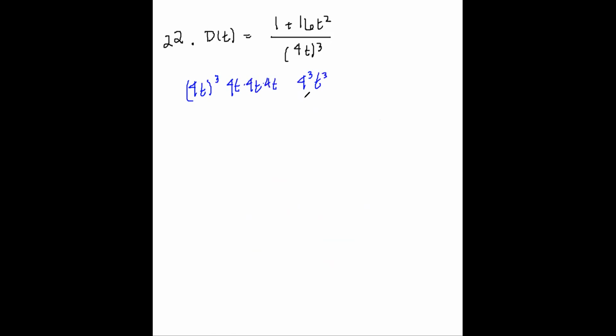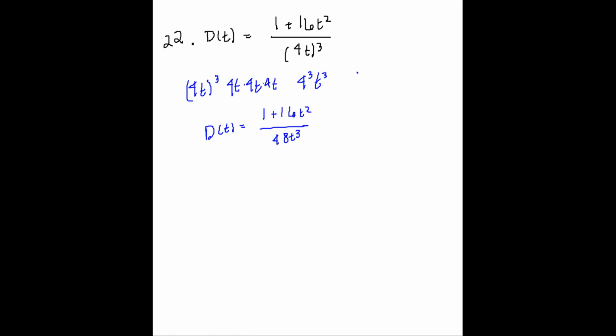That's 16 times 3, that's 48, right? Yeah. So that would be 48. This is going to be d of t is equal to 1 plus 16t squared over 48t cubed.